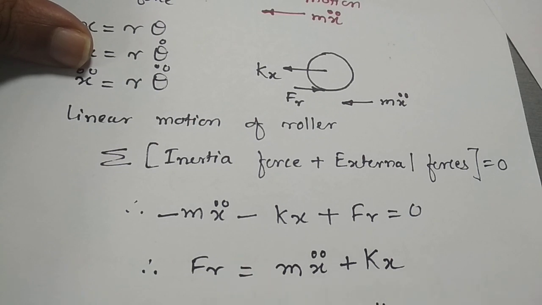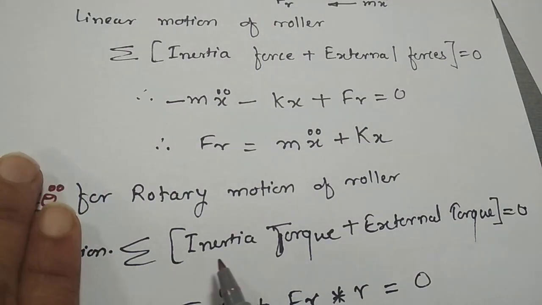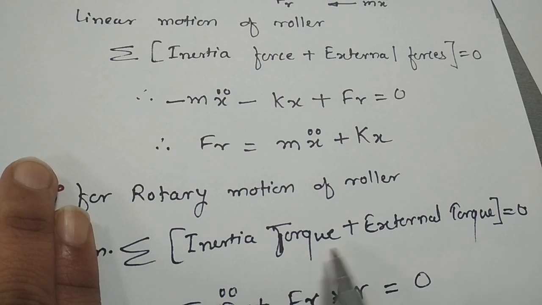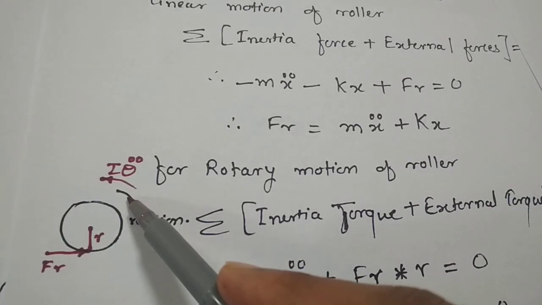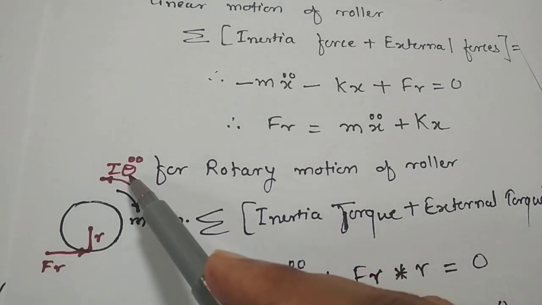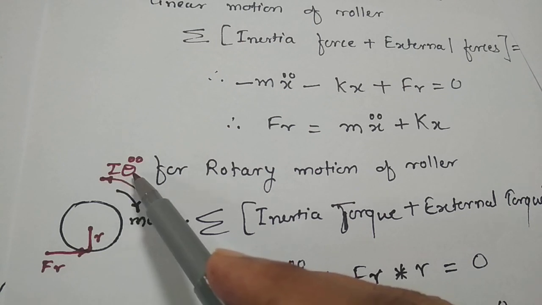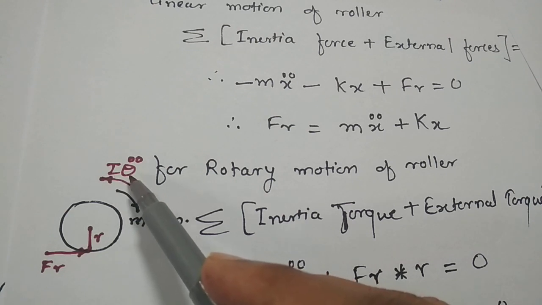But here in this numerical, the roller is moving linearly as well as it is rotating. Hence, for rotary motion, what will we write? We will write the summation of inertia torque plus external torque is equal to 0. So what is the inertia torque? As motion is clockwise, anti-clockwise inertia torque will act, and the value is I into theta double dot, the moment of inertia into angular acceleration.